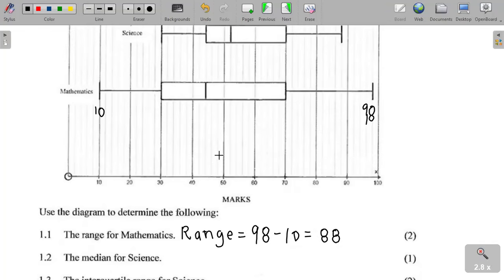And then the median for science. How do we find the median? We must go to science, which is the one on top there. So the median is here. We can see we have 60. This line is 60, meaning the next line, because each successive line is 2 units. So the next line here, which is Q2, is going to be 60 plus 2.